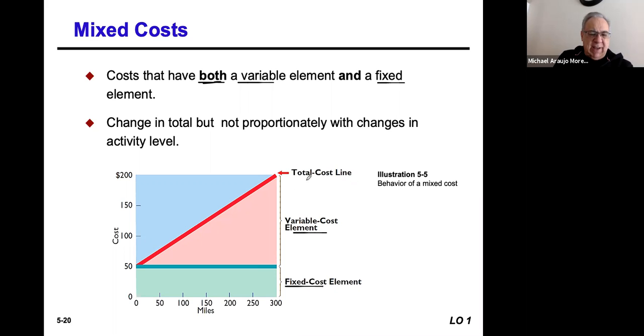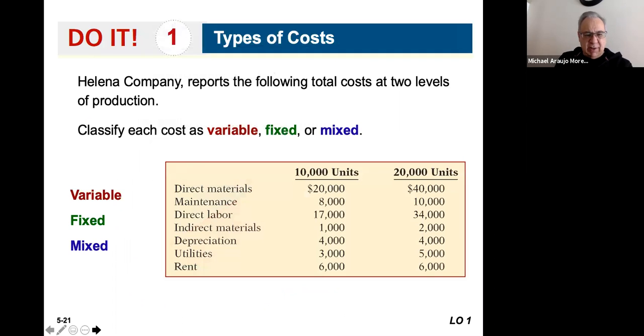For example, if this was a truck and this was the number of miles it was being driven, it's going to have a fixed cost, but there are also some variable costs that are going to increase. The more miles that it is driven, the more of this variable cost element will become an issue. And so that's basically an example of a mixed cost.